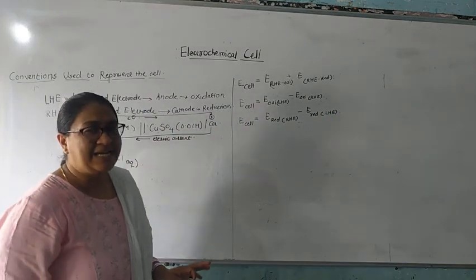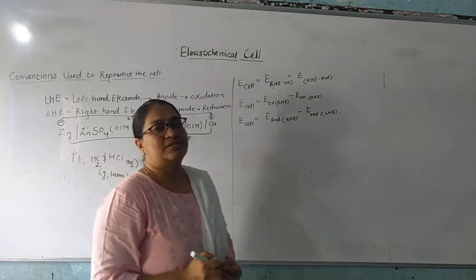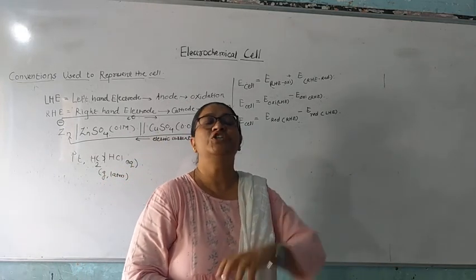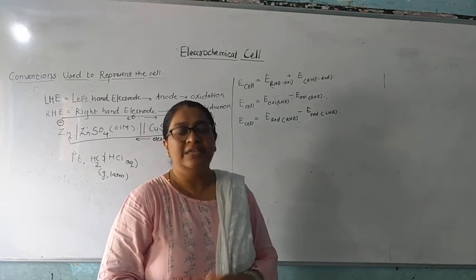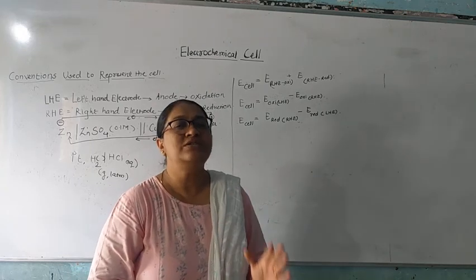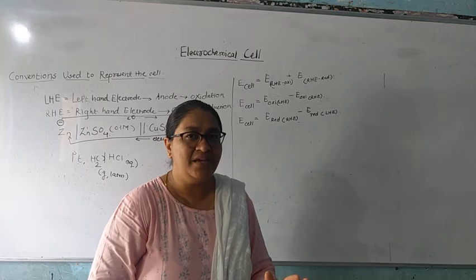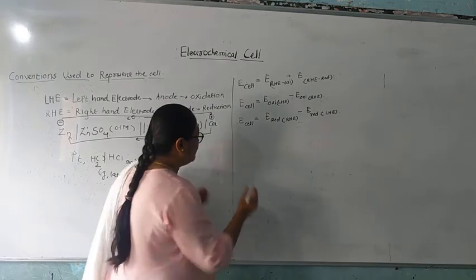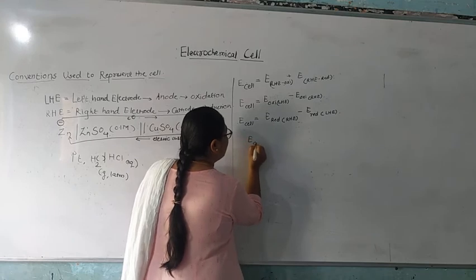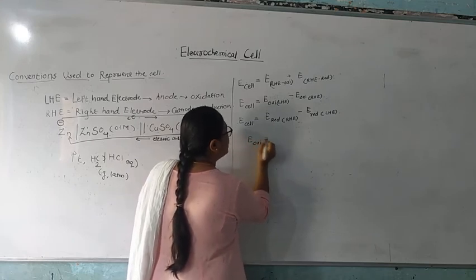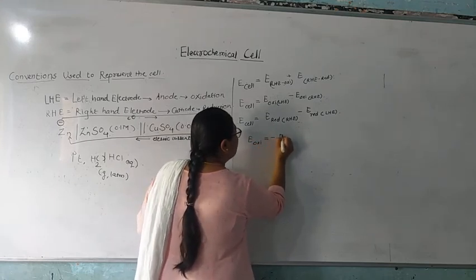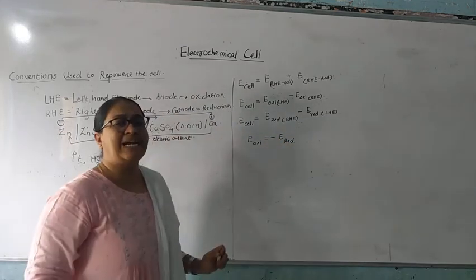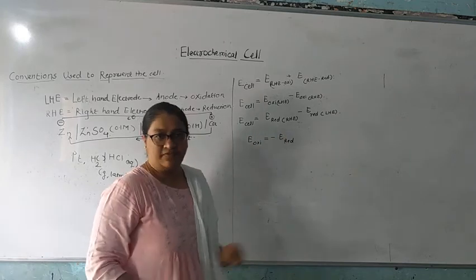That means the electrodes on which the oxidation reaction is occurring spontaneously have the same reduction potential but opposite in sign. For a particular electrode, if its oxidation potential is positive, its reduction potential will have exactly the same value, but it will be negative.